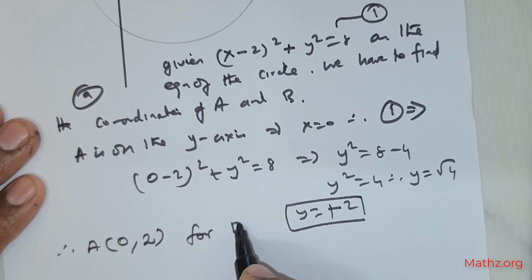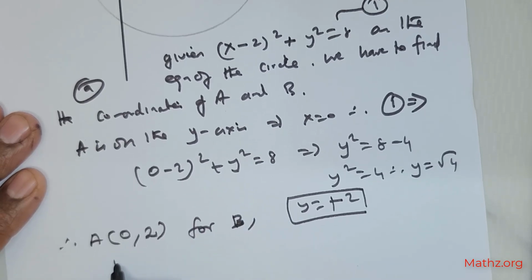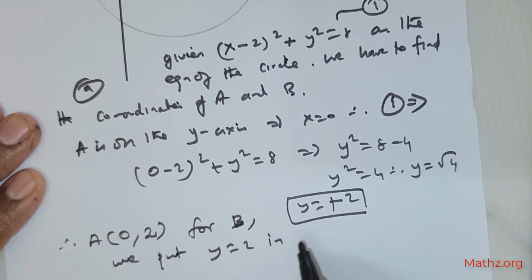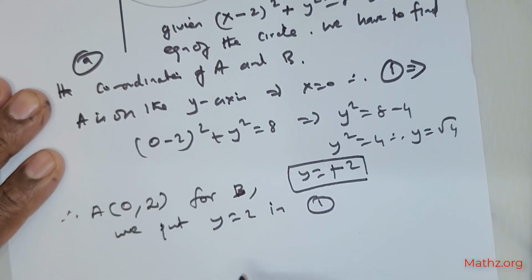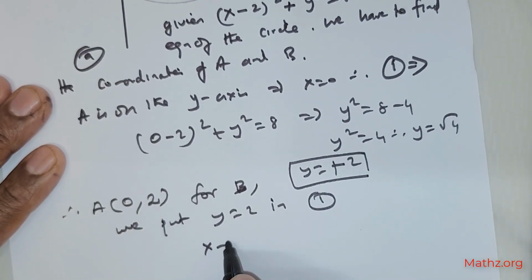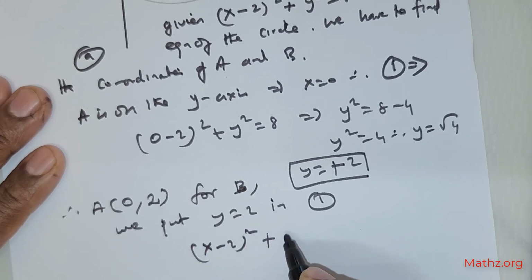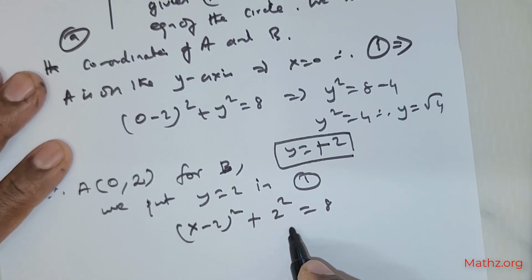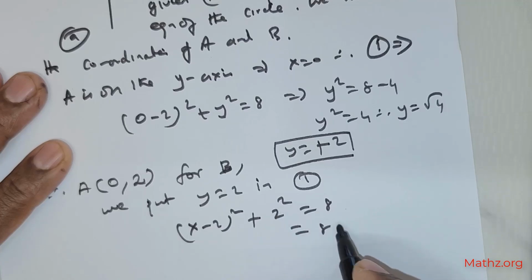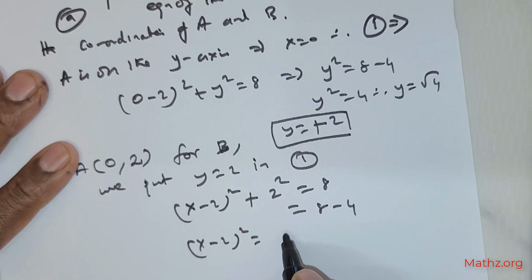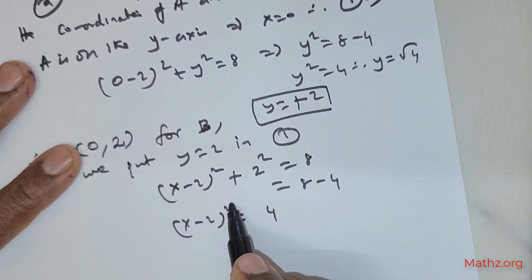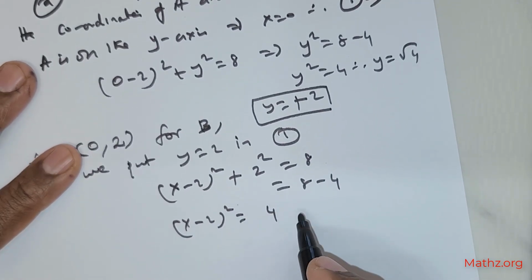For B, we put y = 2 in 1. Okay. So this is going to be (x - 2) whole squared + 2 squared = 8. 2 squared is 4. So this is 8. So (x - 2) whole squared = 4. You take the root there.